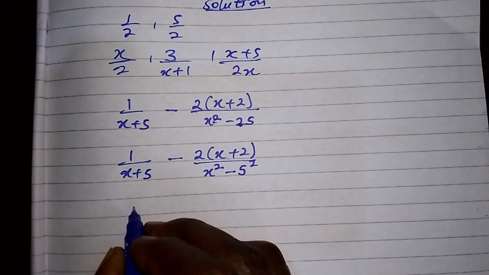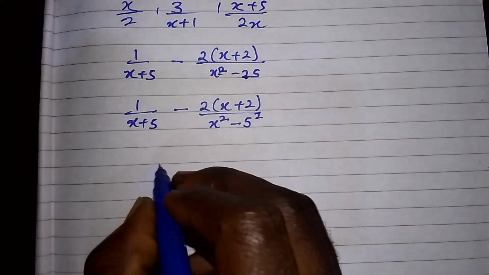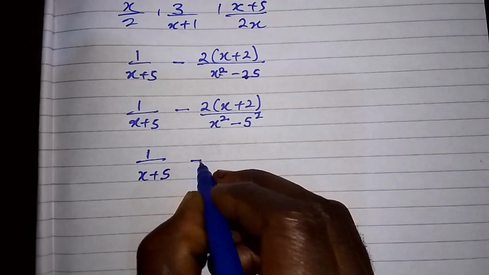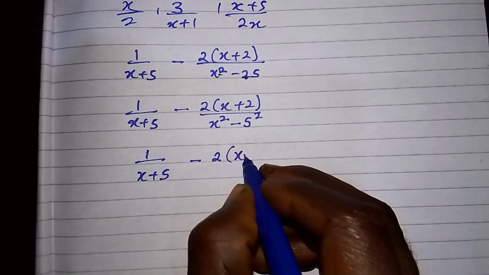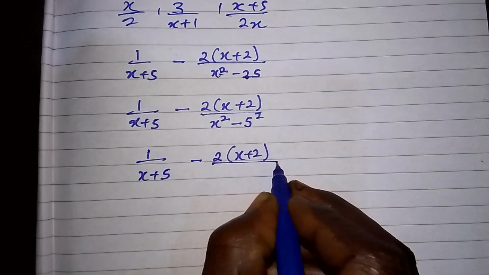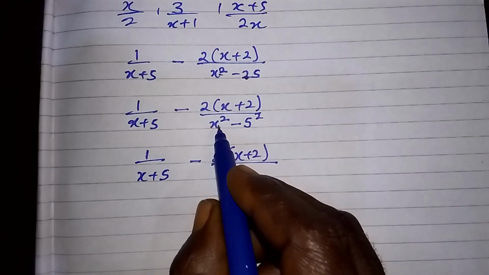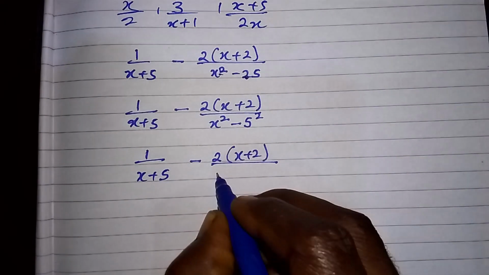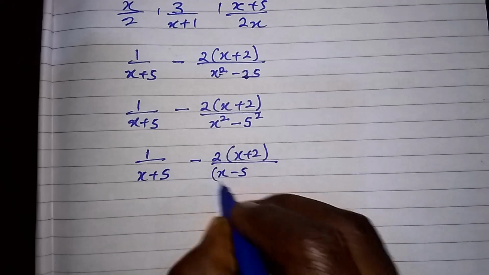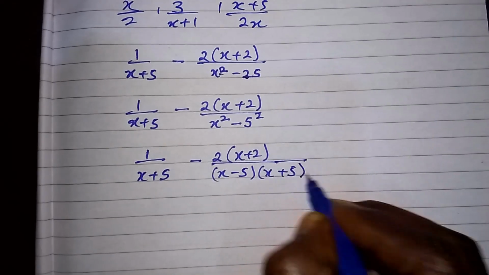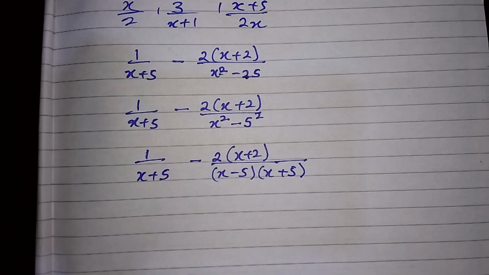This can be written as 1 over x plus 5 minus 2 into bracket x plus 2 all over, for the denominator of the second part, x squared minus 5 squared, which is simply written as x minus 5 times x plus 5. So this is difference of two squares.